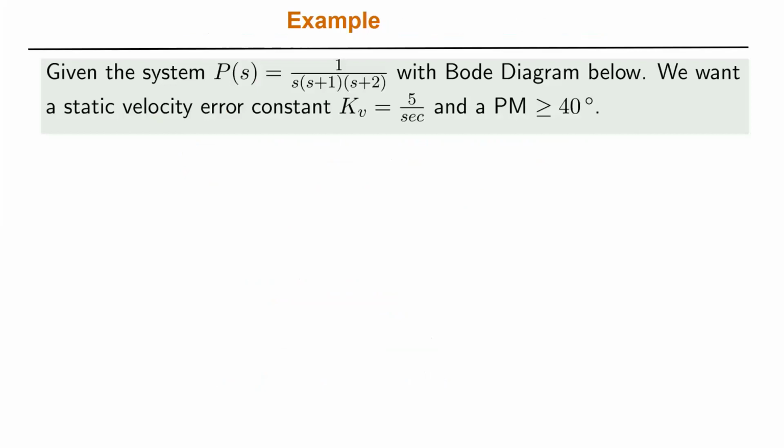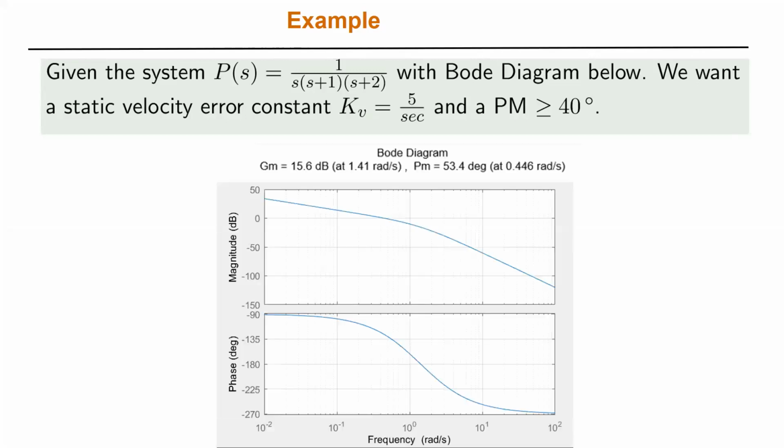Let's take an example. Given the system, P of S equals 1 over S times S plus 1 times S plus 2, with the Bode diagram in here. We want the velocity error constant to be 5 and phase margin of 40.